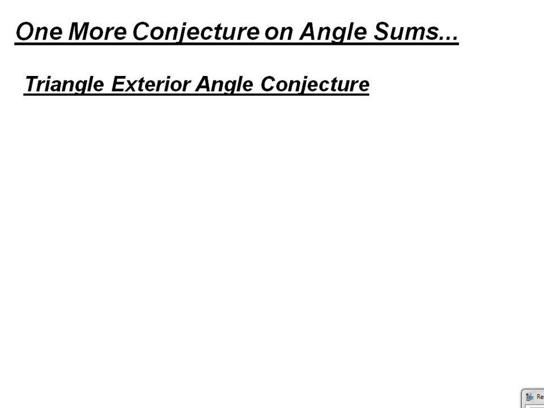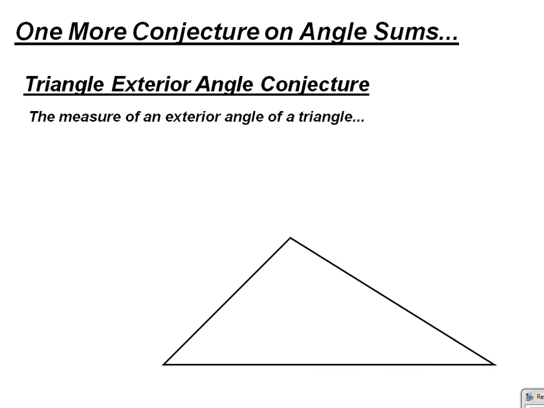Now there's one more conjecture in regards to angle sums in a triangle, and it's called the triangle exterior angle conjecture. Now an exterior angle is where you extend any one side beyond a vertex, and the angle formed between that side and the next side of the triangle is considered the exterior angle of a triangle.